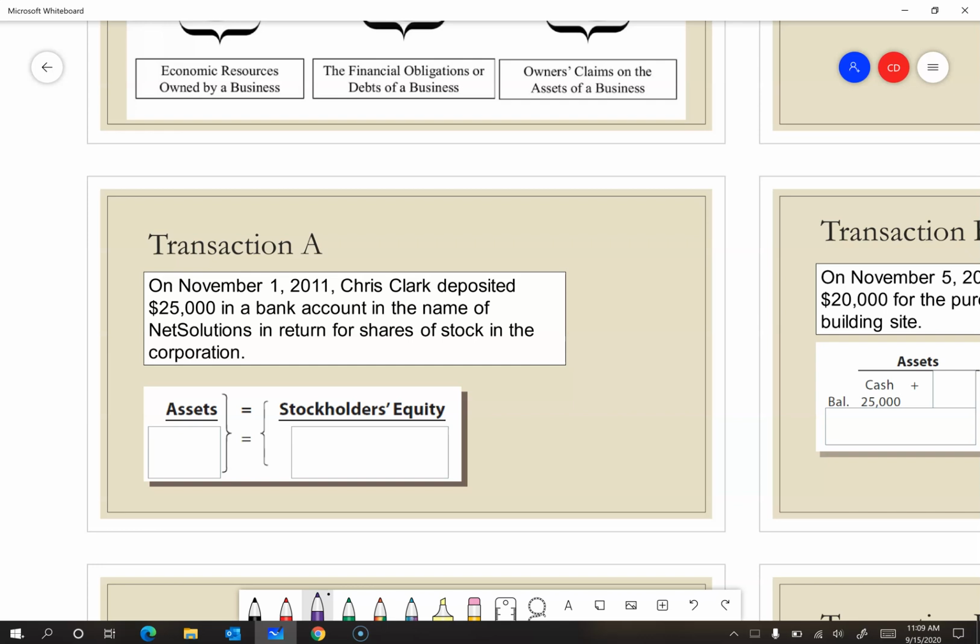So when analyzing transactions, remember the first question we ask is, is cash changing hands? And if it is, then you know that that is one of the accounts, okay? And here we know $25,000 in a bank account in the name of the business. So we're going to write cash of $25,000, okay?